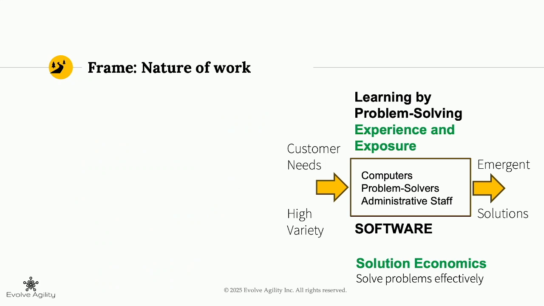What you're producing is emergent solutions based on new requirements. In this domain, you not only need experience, but you also need exposure to different kinds of problems, as opposed to solving the same problem over and over again. The economic model here is solution economics, not unit economics.